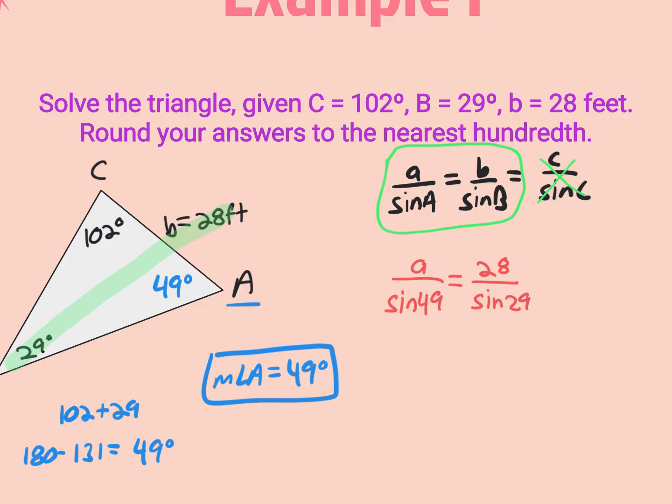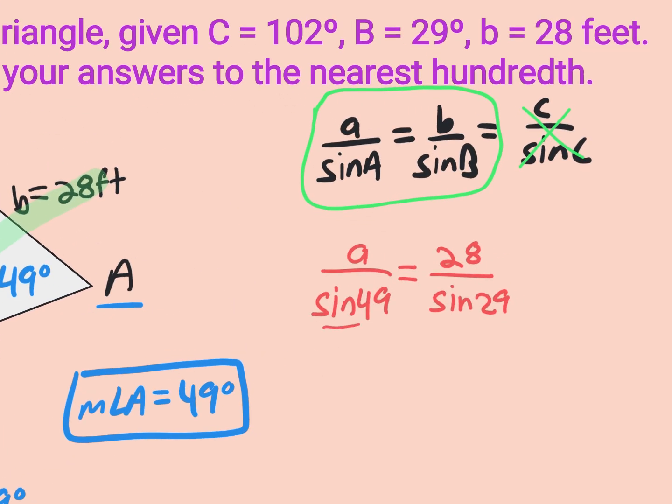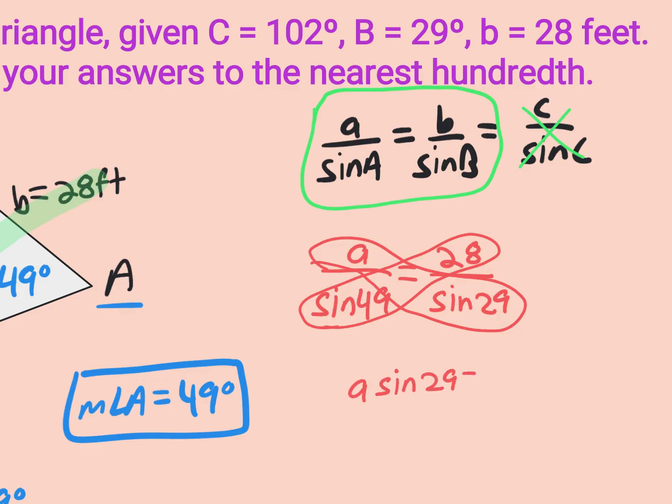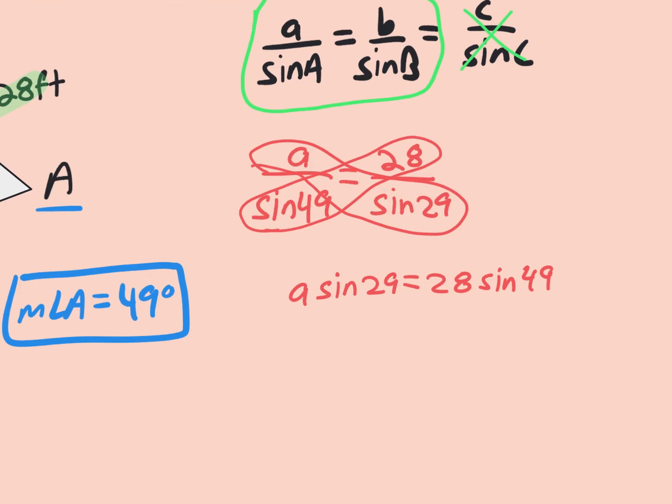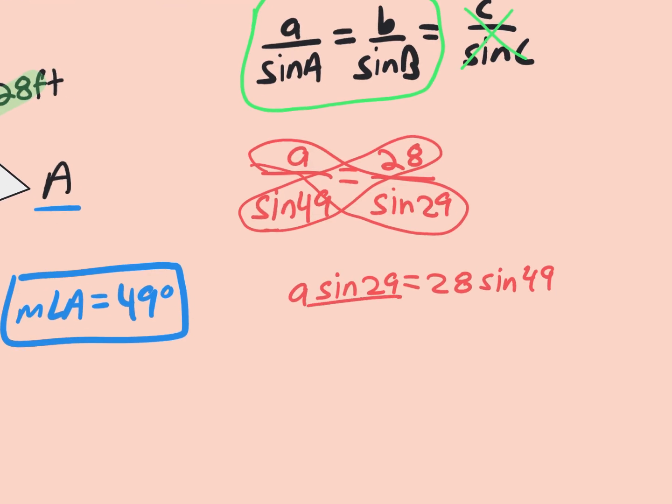Sure, we can cross multiply. So we end up with A times sine of 29 equals 28 times sine of 49. And then lastly, to get A by itself, we can divide both sides by sine of 29.